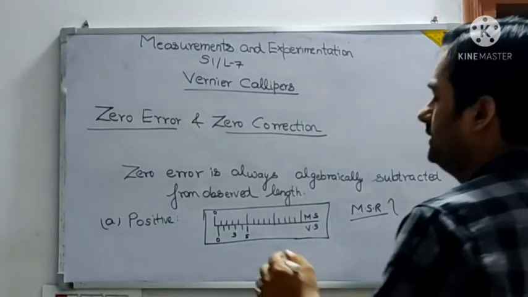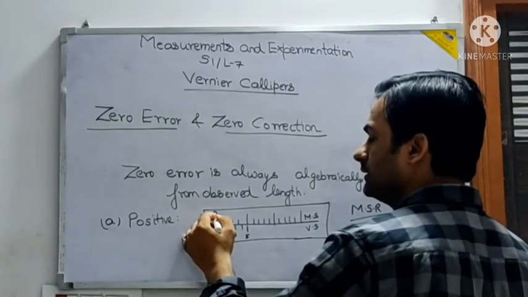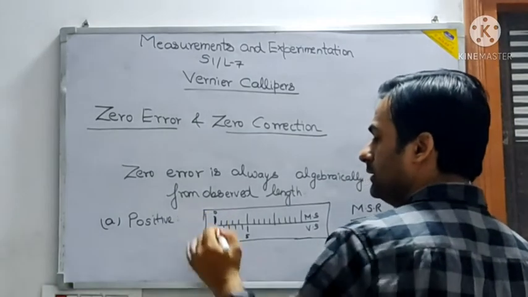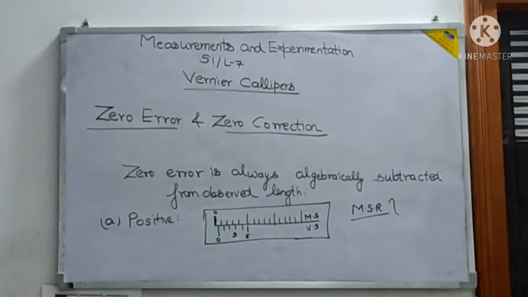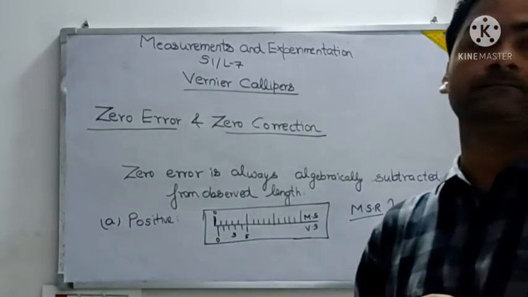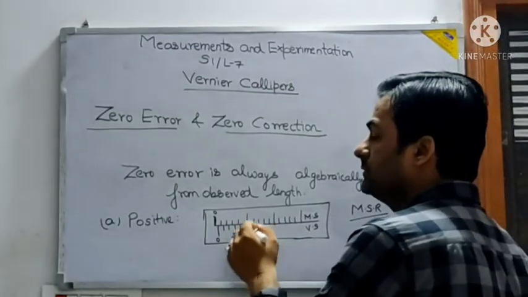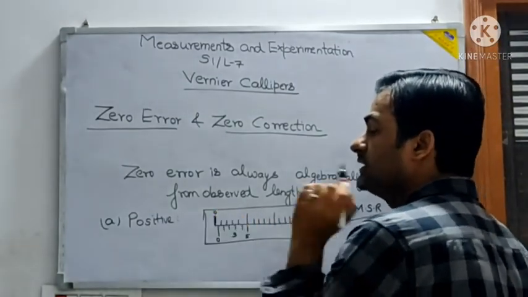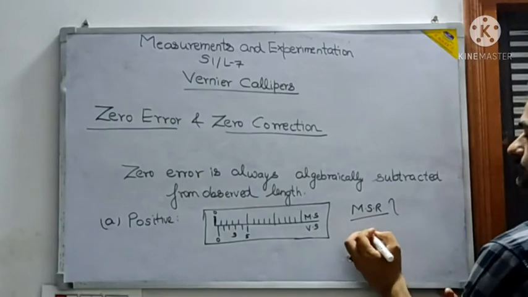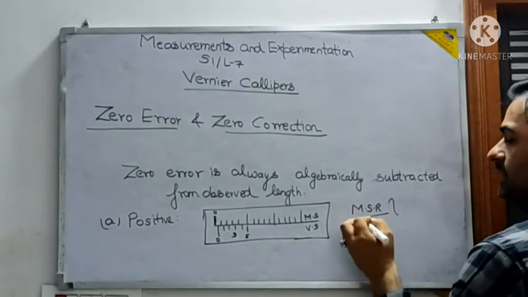Now see here, since 0 is given here, whatever is visible to us, that only we will write. Means through the vernier scale, whatever is visible, that only we will write. So here, the main scale reading is 0. Okay, MSR is 0.